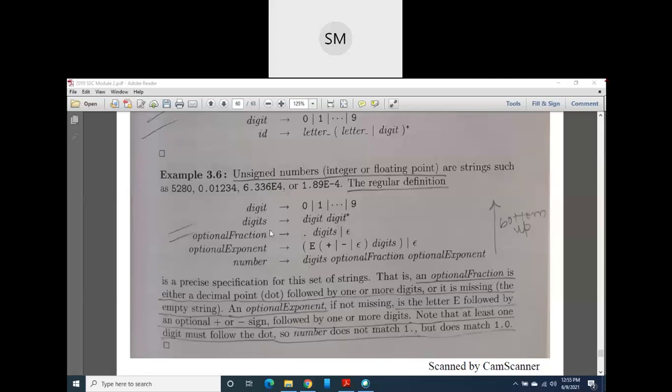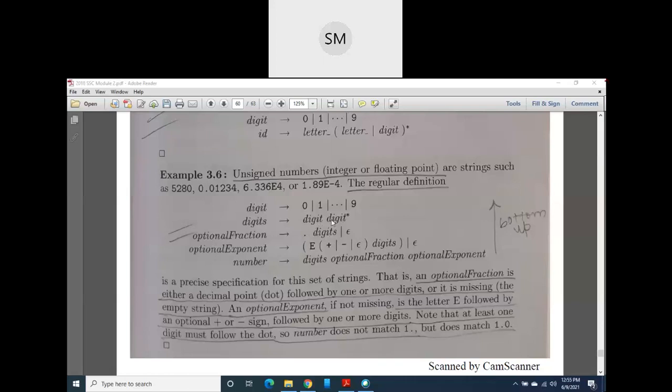Then, in our floating point, there are some optional fraction numbers also. Fraction is nothing but a dot followed by some digits, 0 or more digits. For that, I have written this regular expression: dot followed by digits. Digits means what here? Already I told you, one digit will be compulsory after the dot.